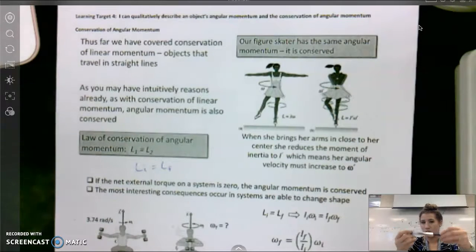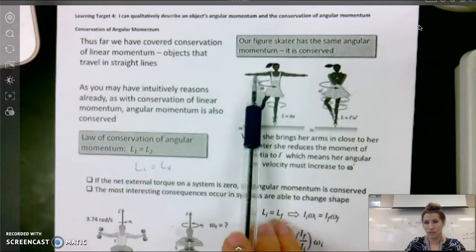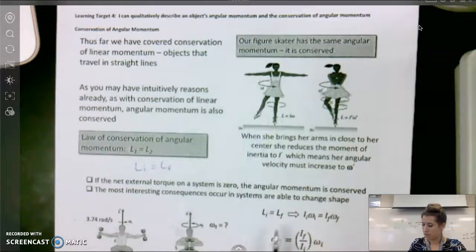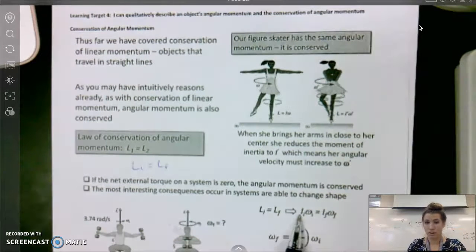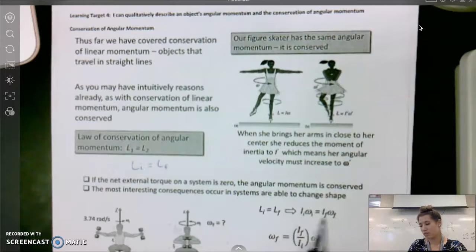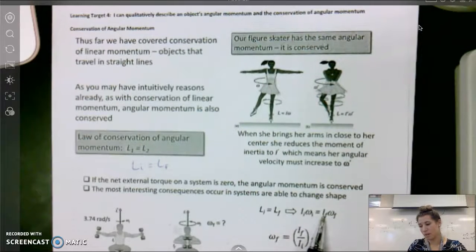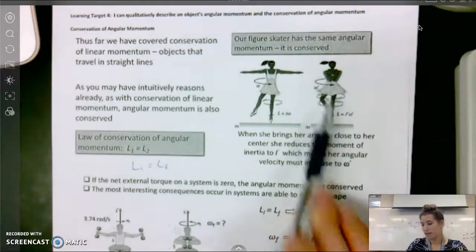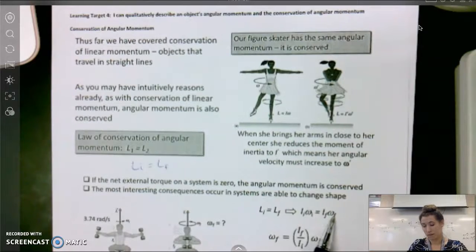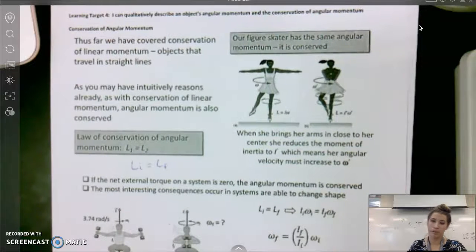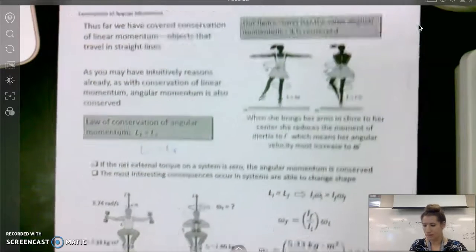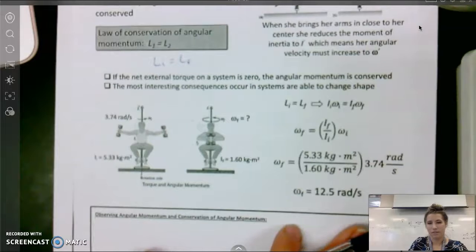And so when we do that, if our moment of inertia is large, that would make our angular velocity small, but these have to be equal to each other. So if this now becomes small because we brought our arms in, then our angular velocity must increase in order for these to be equal to one another. Okay? And so that's the idea.